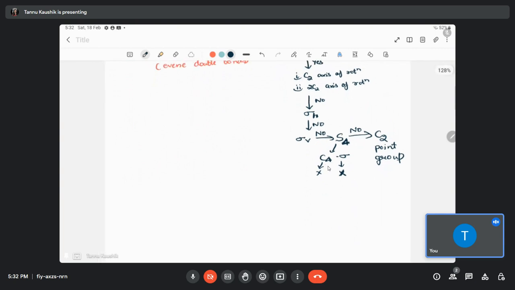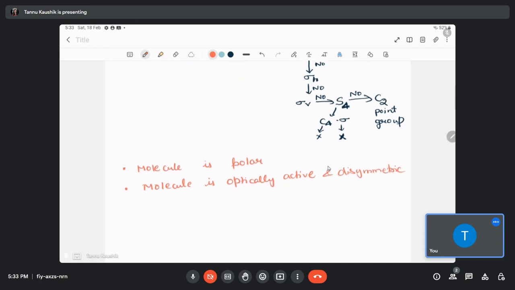Okay, and we know therefore the molecule is polar and the molecule is optically active because it has a proper axis of rotation but not an improper axis of rotation. Therefore, it is disymmetric. Okay.